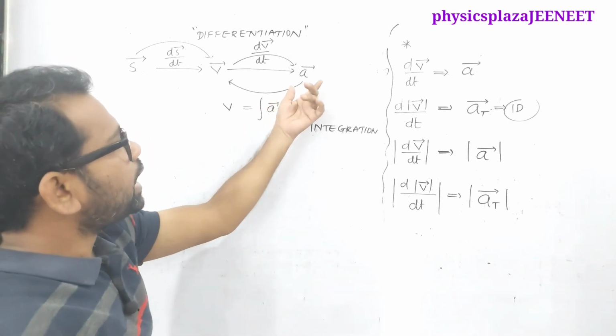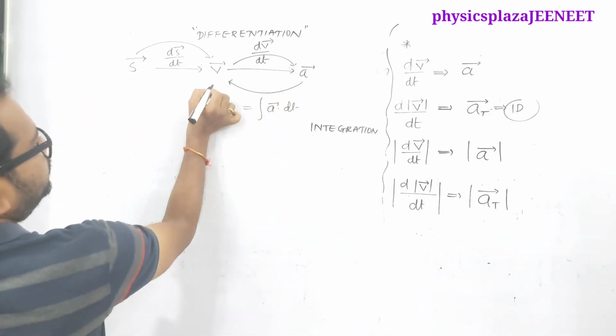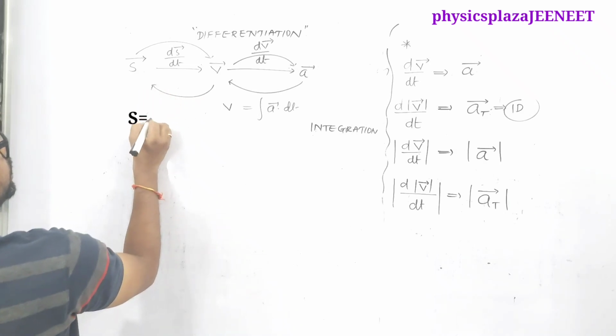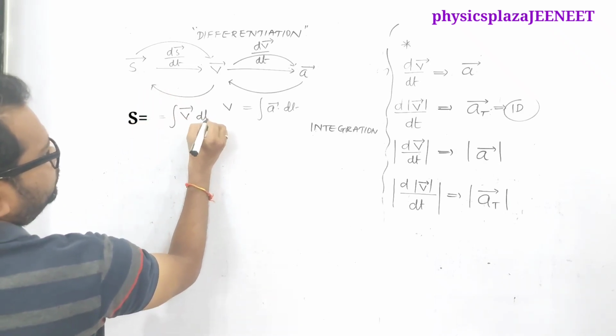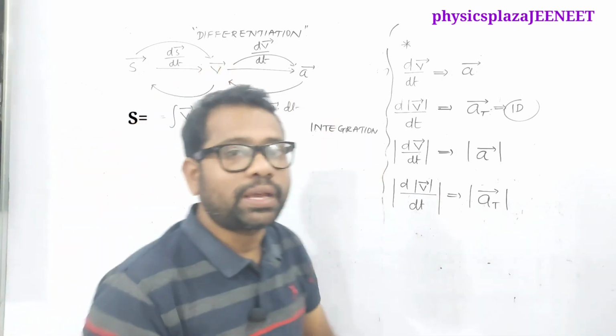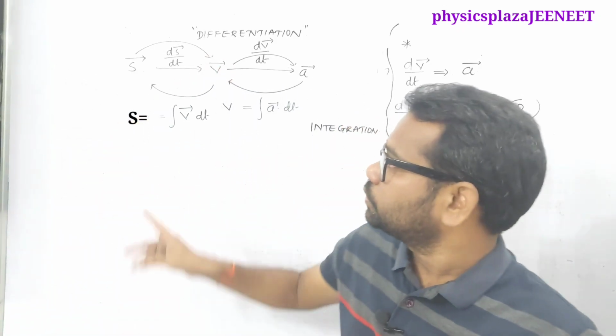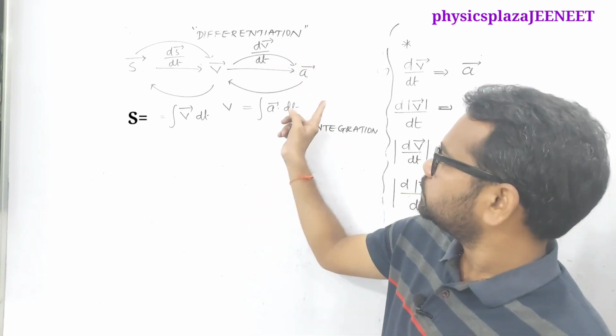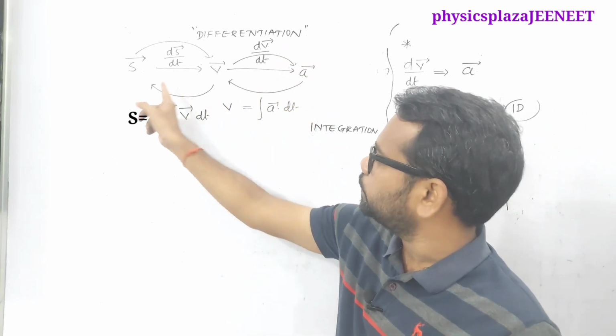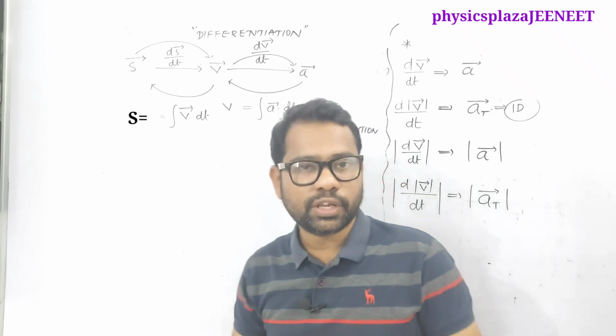You have to integrate the acceleration to get the velocity. Then how do we get the displacement? Displacement you get when you integrate the velocity, with time intervals and limits given. We are not going in depth, I am just giving you a rough idea. So displacement to velocity, velocity to acceleration is the differentiation concept. Acceleration to velocity, velocity to displacement is the integration concept which we are going to use.